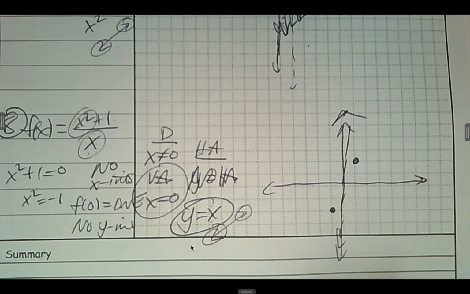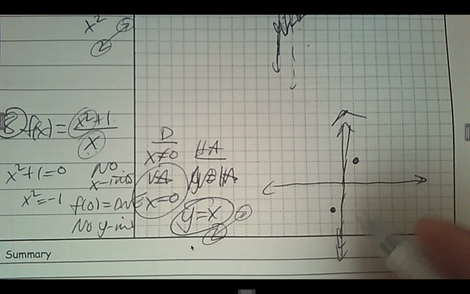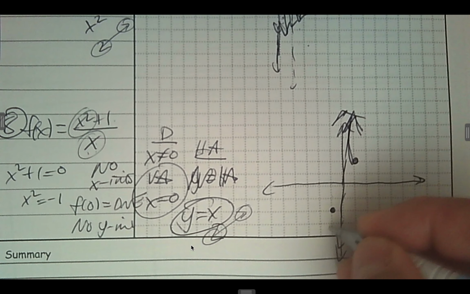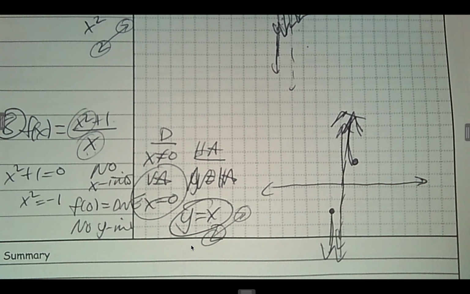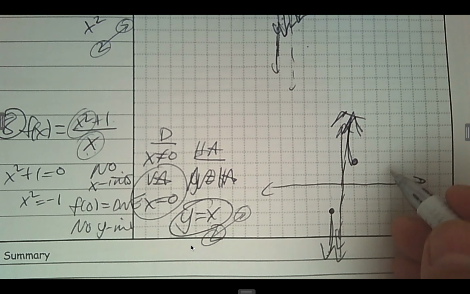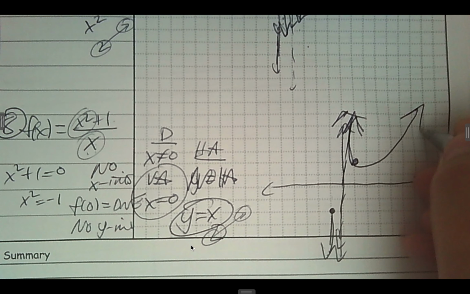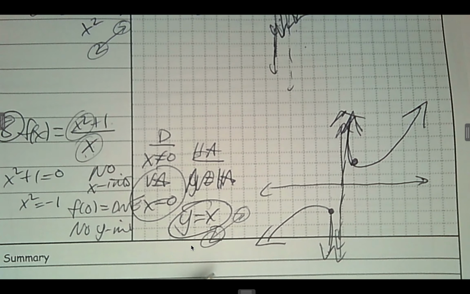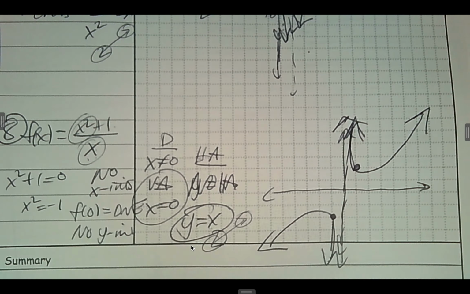Believe it or not, that gives me a sense that it's an odd function, that it has symmetry with the origin. So here it's going to infinity, and here it's going to go to negative infinity. I don't know where the turning point is exactly, but I do know this is going to go up, and this is going to go down, wherever that turning point is, without touching the axes. So there's my sketch.